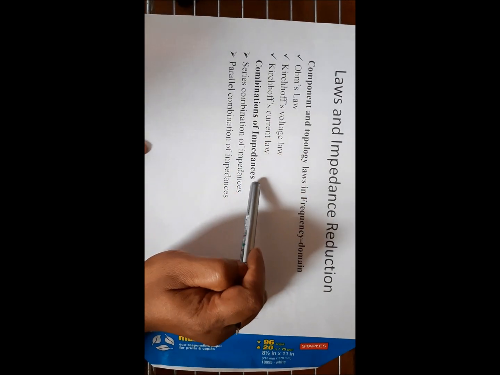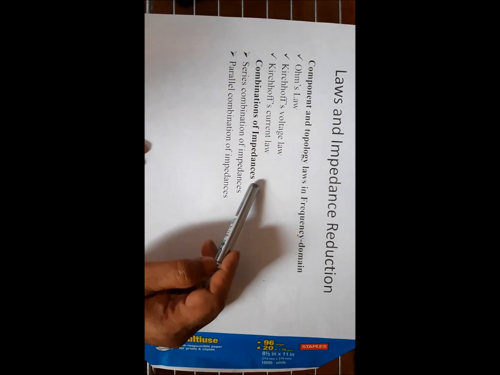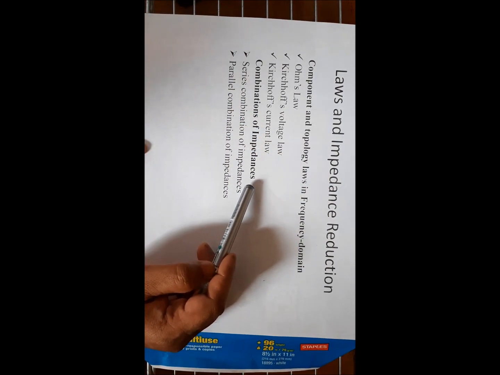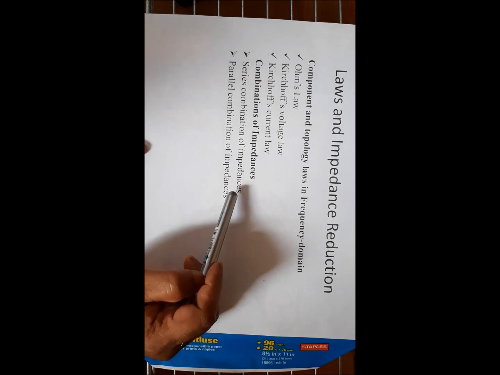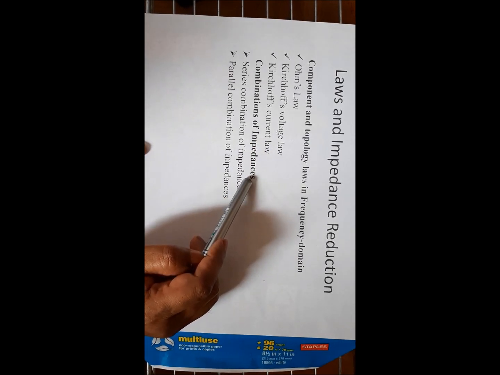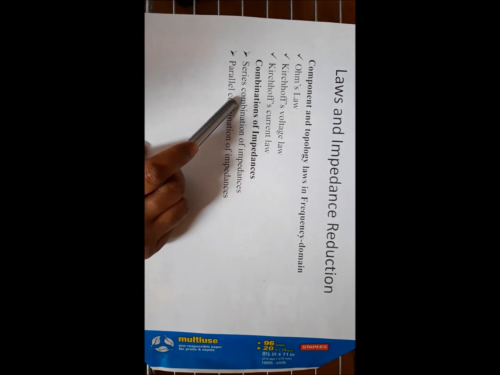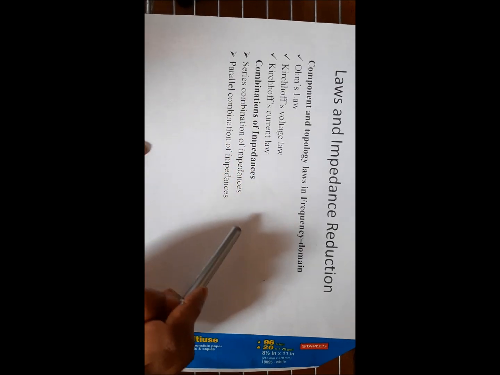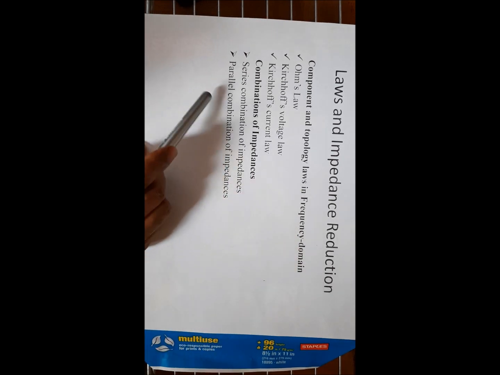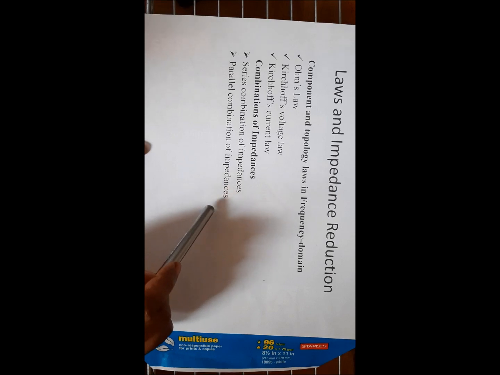Also, the combination rules for impedance are the same as the combination rules for resistance we discussed for DC circuits, but we combine impedances, not only resistances. If the impedances are connected in series, we can add them together. If the impedances are connected in parallel, then we use the parallel combination law.